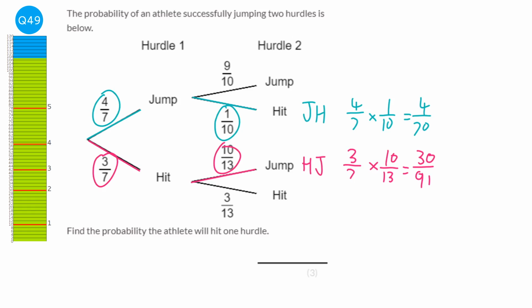We've got the probability it will jump and hit, and the probability it will hit and jump. And we're looking at the probability of this one or this one. And the word or in probability means add. So we're going to do 4 over 70 plus 30 over 91. And using the calculator, that gives us 176 over 455.